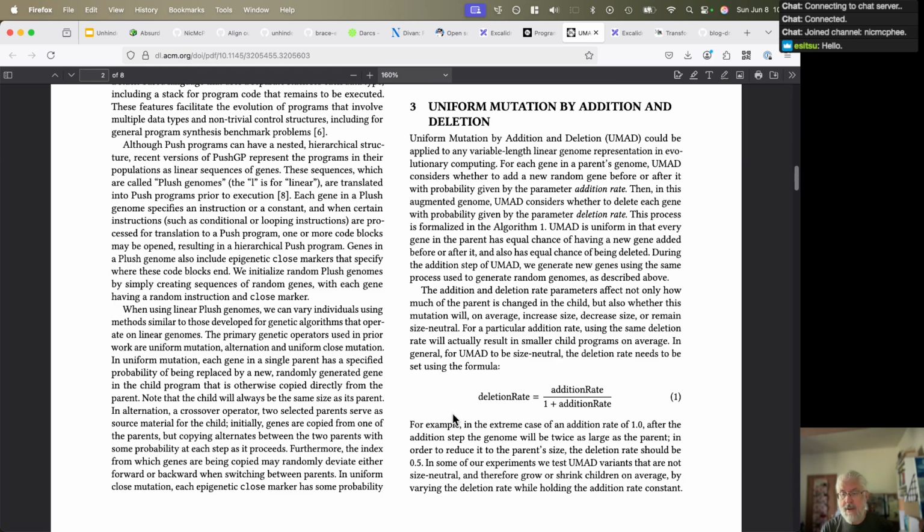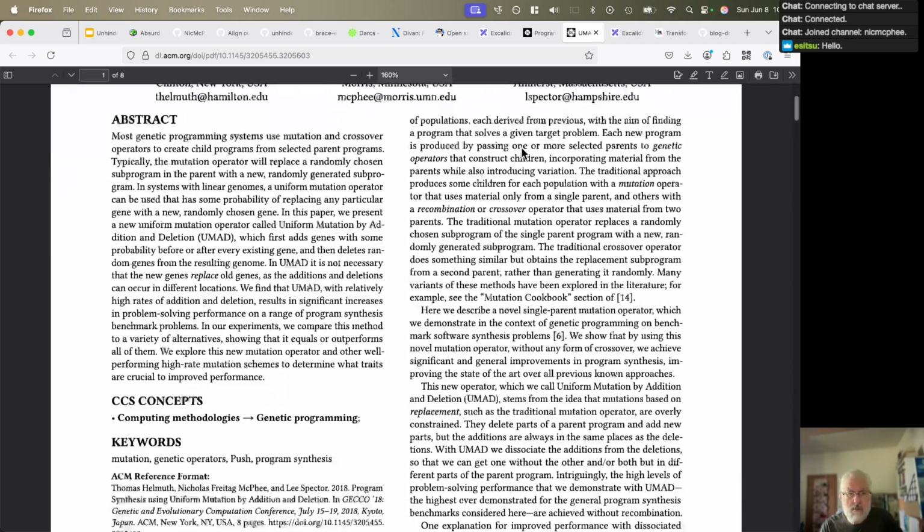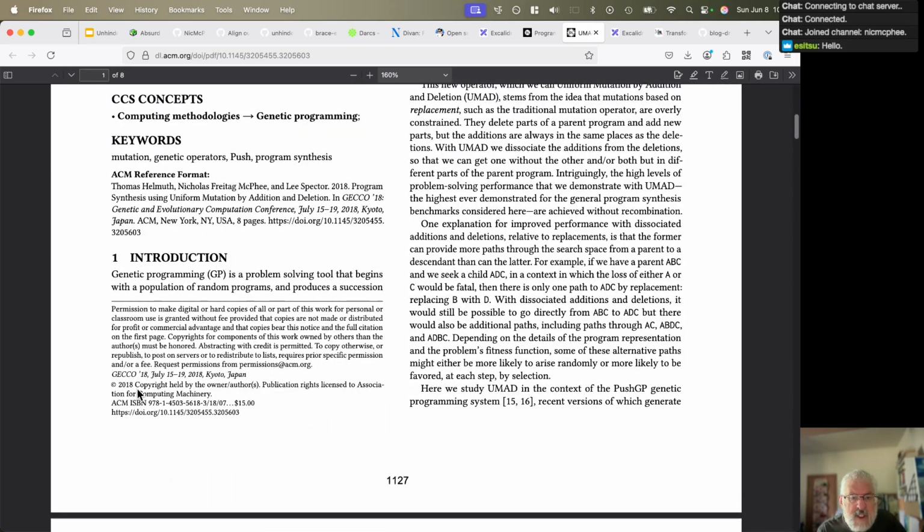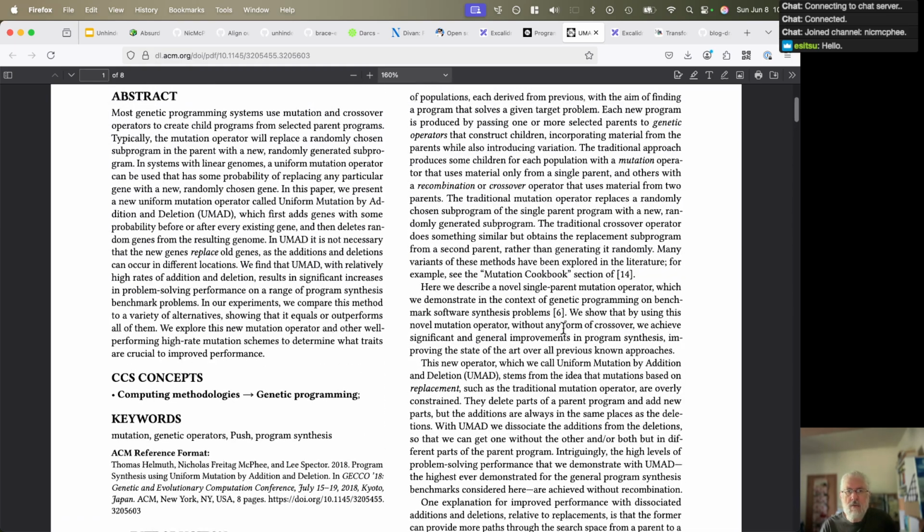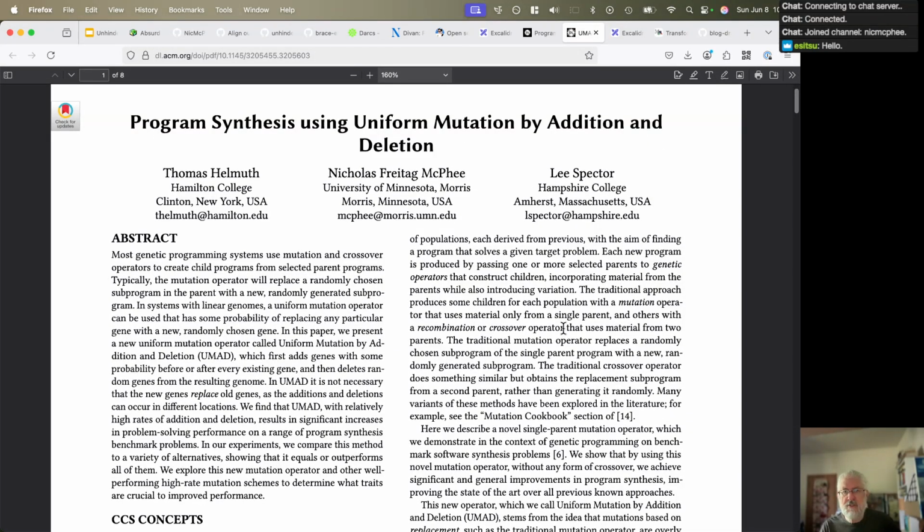In UMAD, we have uniform mutation by addition and deletion, as it says at the top. This is from the paper that introduced UMAD, published in 2018, not quite a decade ago. The paper is Program Synthesis Using Uniform Mutation by Addition and Deletion.